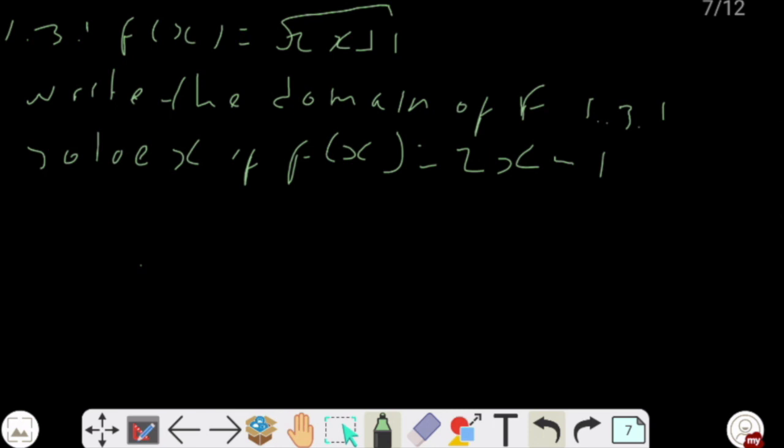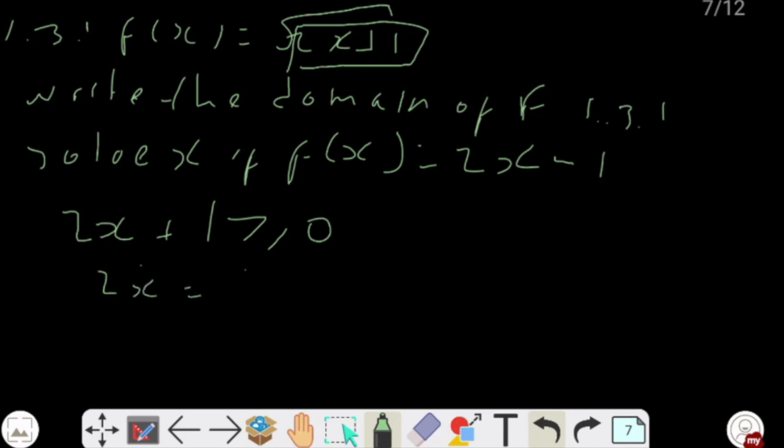Now let's start with the first part, which is an easy one mark, meaning you can say 2x plus 1 should be greater or equals to 0, and then you take the 1 to the other side, you have 2x equals minus 1, and then your x should be greater or equals to minus a half.